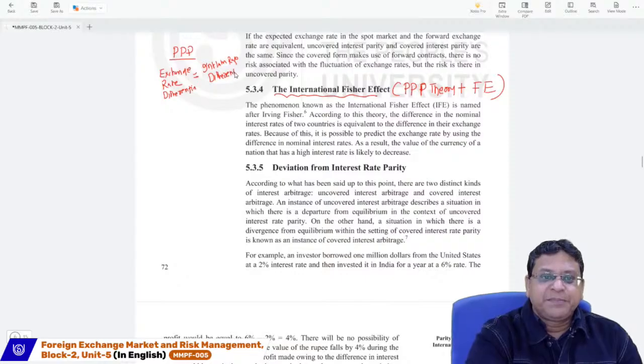This is PPP theory. Second, what does the Fisher effect tell? Interest rate differential, the difference in interest rate, arises due to inflation rate differential.